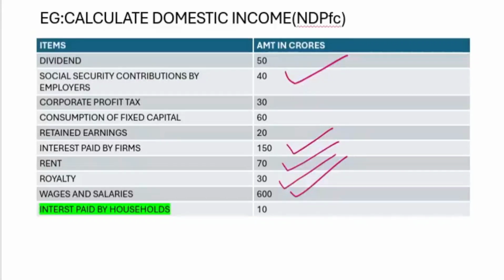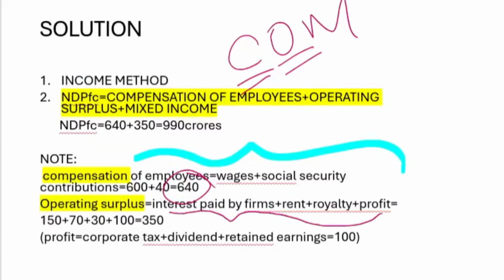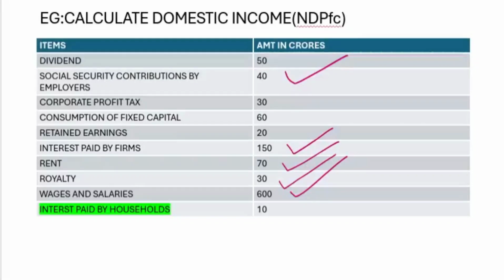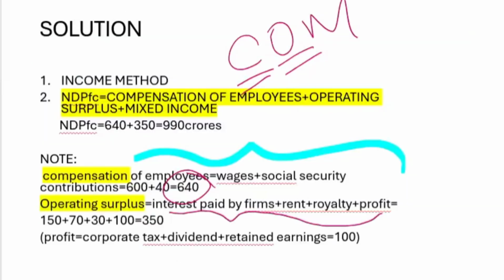Corporate profit tax is given, dividend is given, retained earnings is also given. We need to add them all to arrive at the element profit, which is 100 crores. Sorry, I made a mistake earlier.